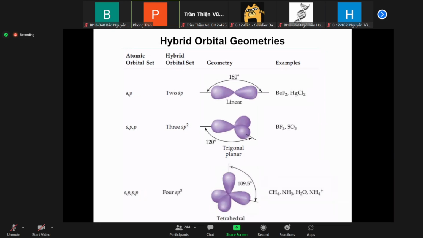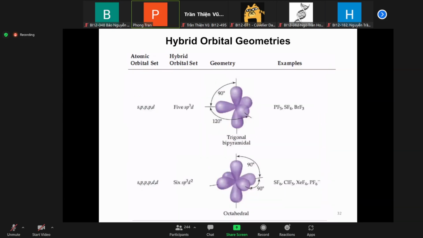We can go also for the case of the central atom having more than 8 electrons. So we put a set of s, p, and d, giving five orbitals, sp3d, arranged in a trigonal bipyramidal geometry. And then you will have molecules like PF5, SF4, bromine fluoride.